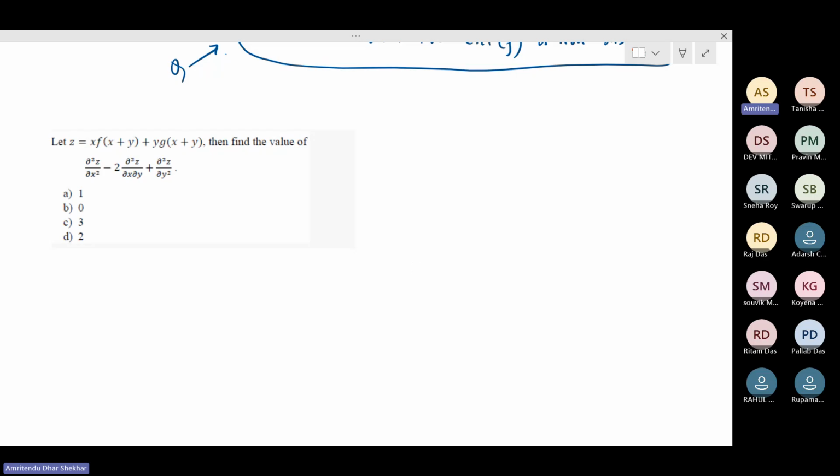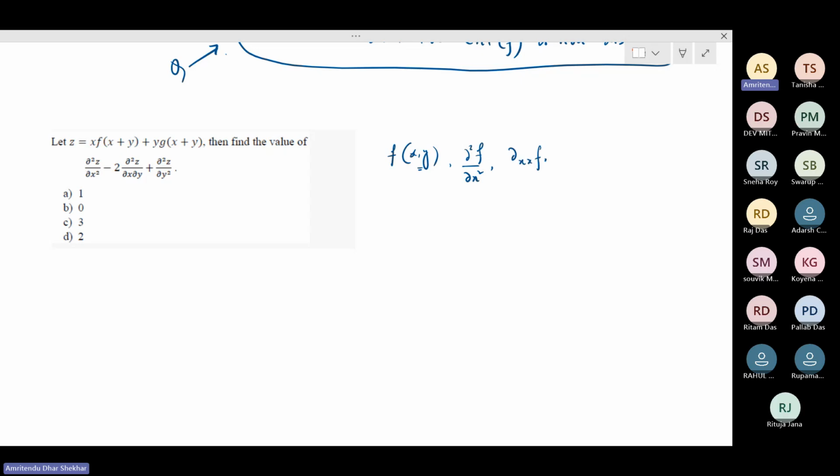So if you have a function f of two variables x and y, then we often write this as del square f upon del x squared. Sometimes we write it as del xx of f, sometimes as fxx. This just means taking the partial derivative twice.